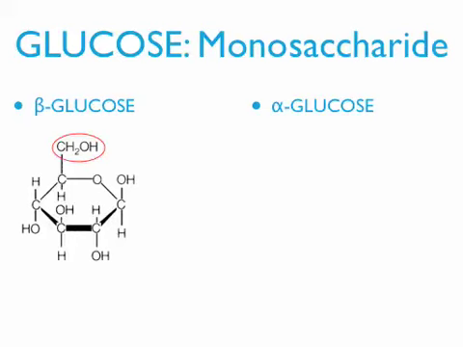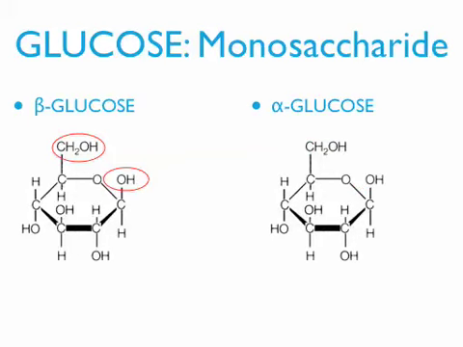As we examine it more closely, we have a methanol group sitting at the top of that carbon ring. We also have many hydroxide groups, but the one of interest to us as we examine beta glucose is the second red circle.